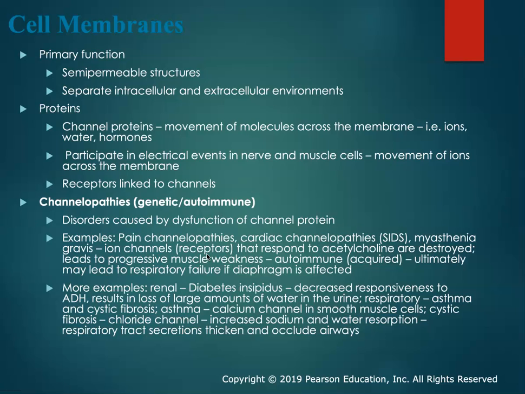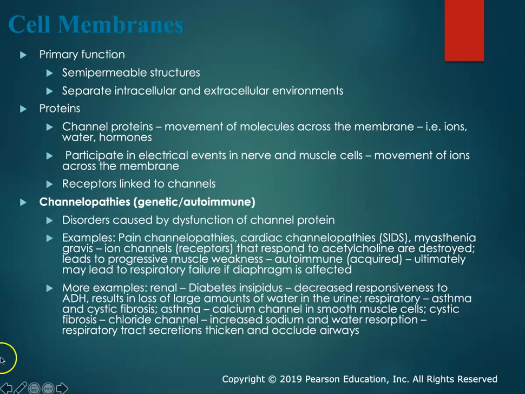So when acetylcholine binds to the receptor, it causes opening of that channel. If that channel can't open, it leads to a dysfunction of those muscle cells. So in myasthenia gravis, you see progressive muscle weakness, ultimately leading to respiratory failure because the diaphragm will be affected.